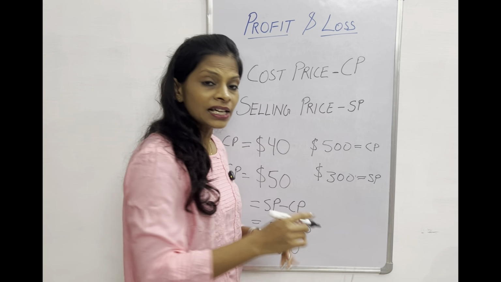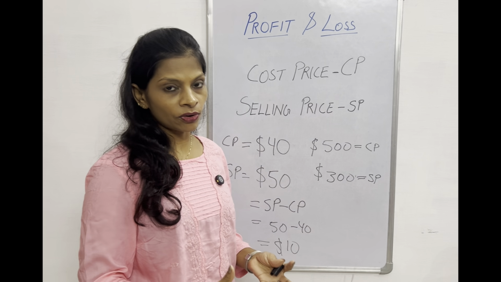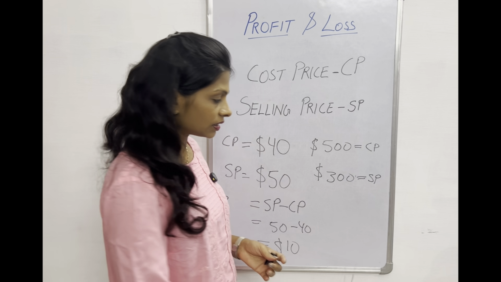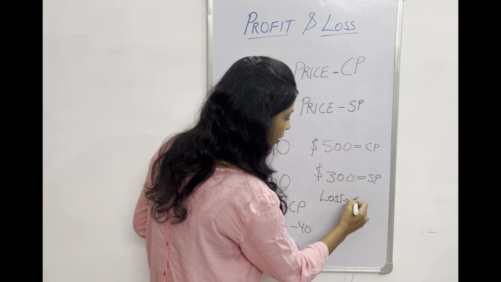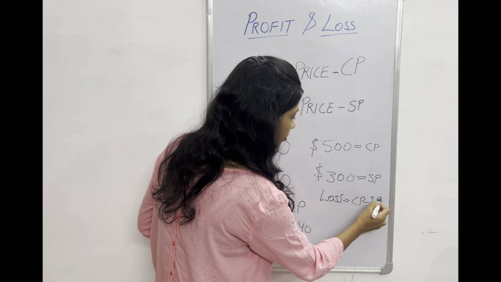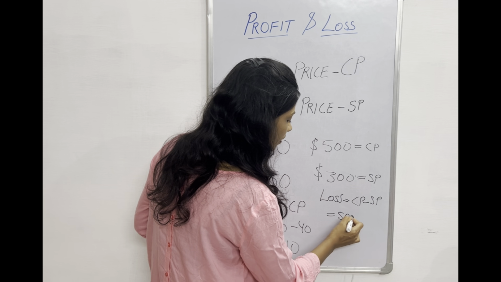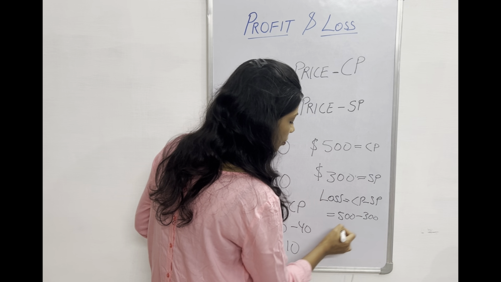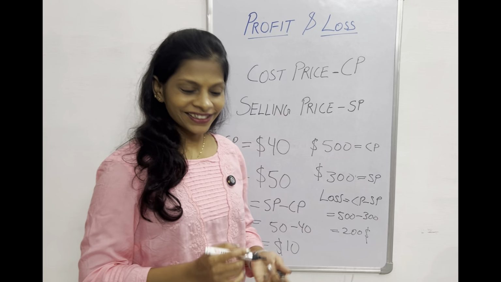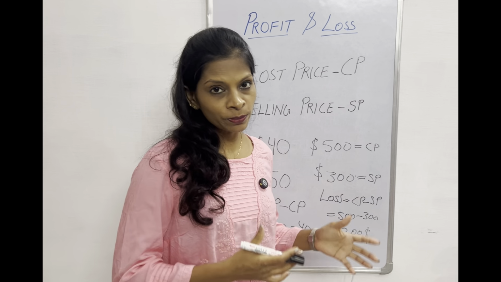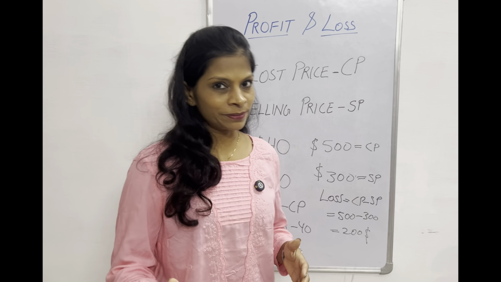And since my selling price is lower than the cost price, I had to incur a loss. And how much was the loss? So the loss here would be cost price minus the selling price, which will be 500 minus 300, which will be $200.